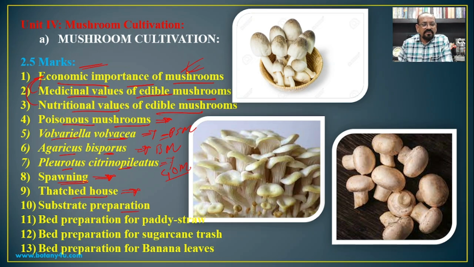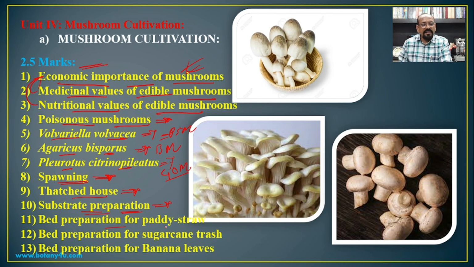Then substrate preparation for the cultivation of mushroom, there are different types of substrates, maybe the paddy straw or any other straw, or even there is a development of compost. So when we are using that substrate for the growth or cultivation of mushroom, then we have to use a particular method.